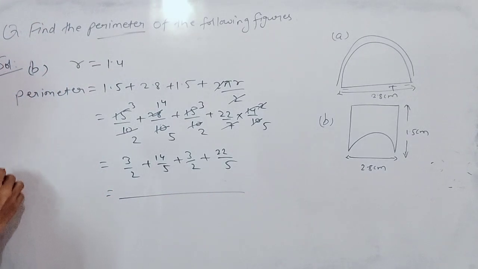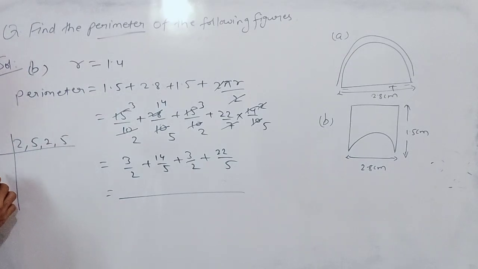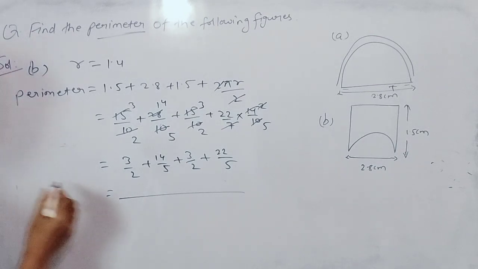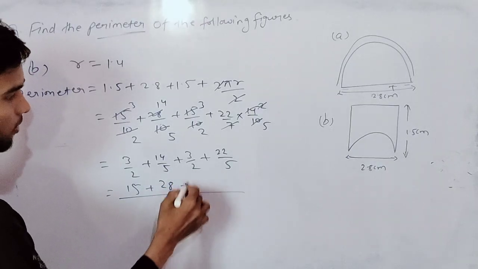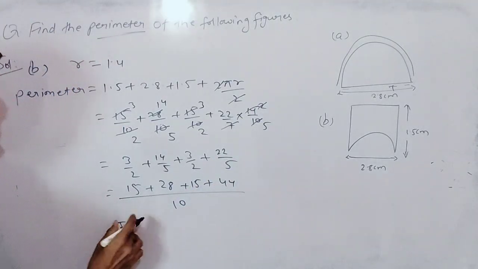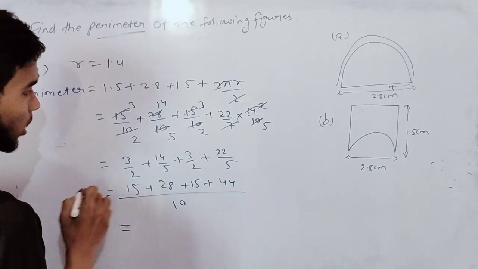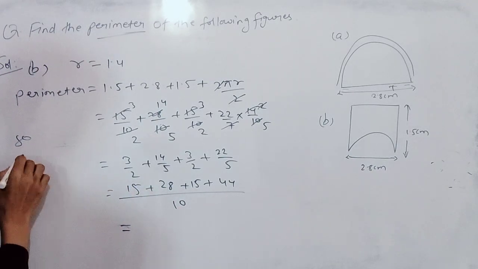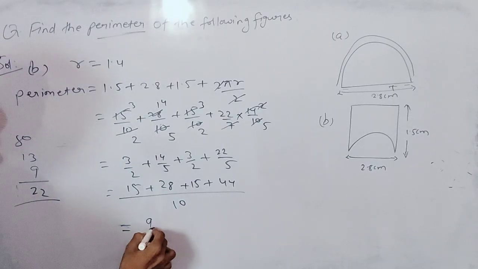Now what can we do? LCM would be 10. 2 5s are 10, 5 3s are 15, 5 2s are 10, 28, 2 5s are 10, 3 5s are 15, 5 2s are 10, 22 2s are 44. Adding up, we get 92 upon 10.